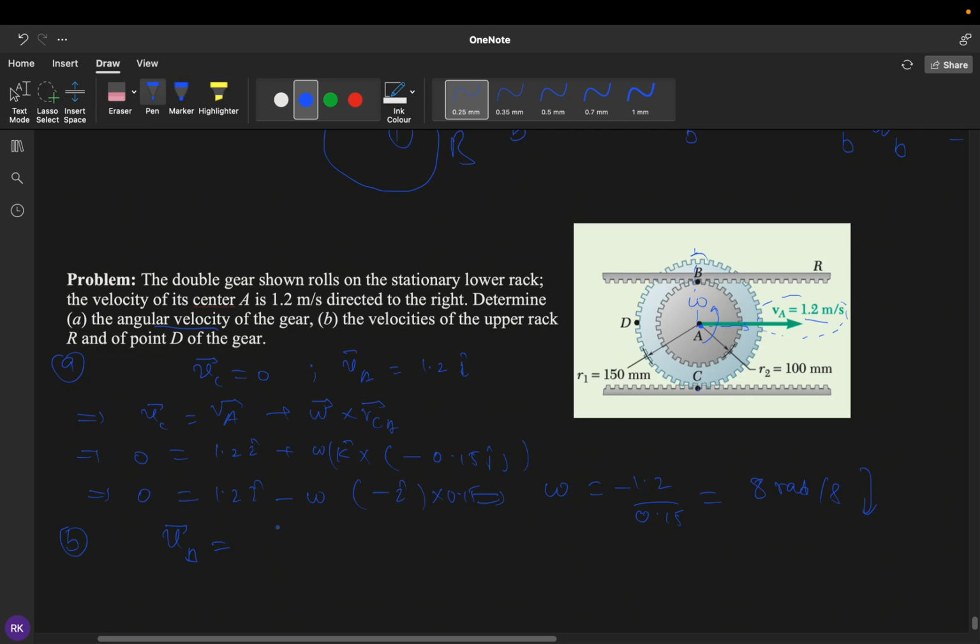VB, and we already know the value of VA, so we will find the relative velocity of B with respect to A. You have to write VB equals VA plus omega cross r. We have taken this direction as minus, because this is in the minus k direction.